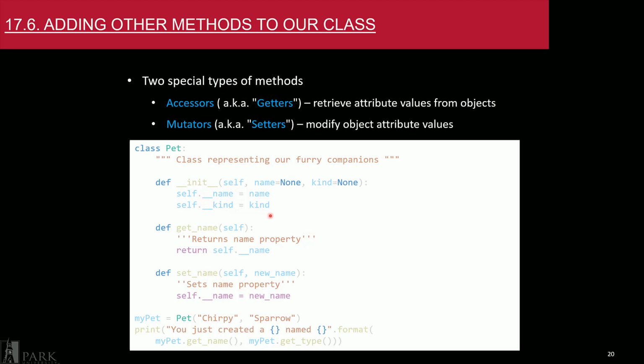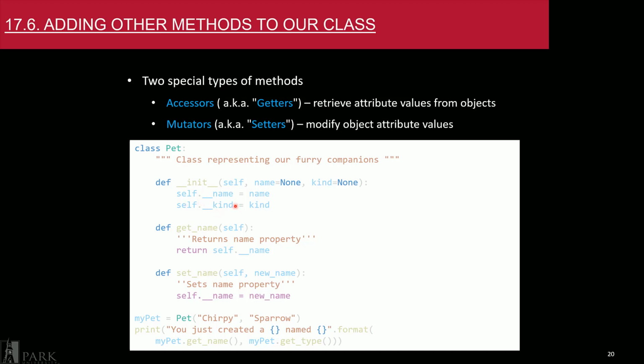And this is a process that's called name mangling, so I don't want to get into that. But basically, when we use the double underscore in front of the name here, this tells the Python interpreter that this is a private variable and it's not to be exposed to users of the program. Okay?